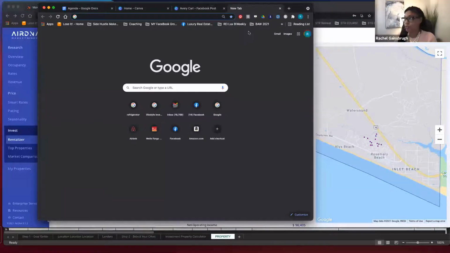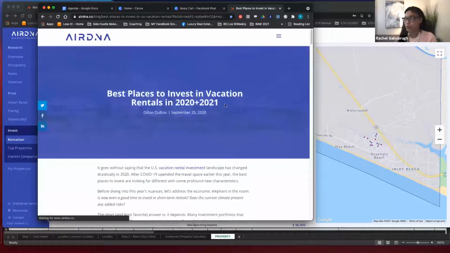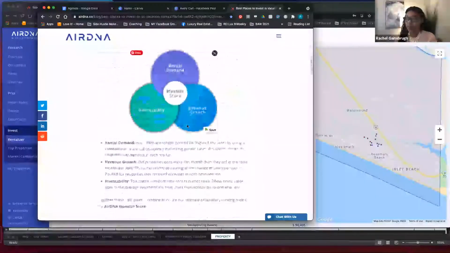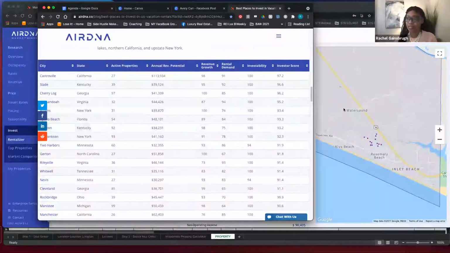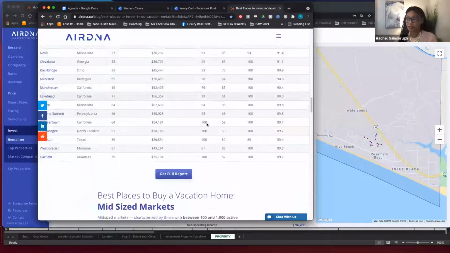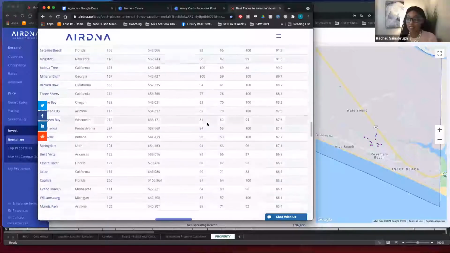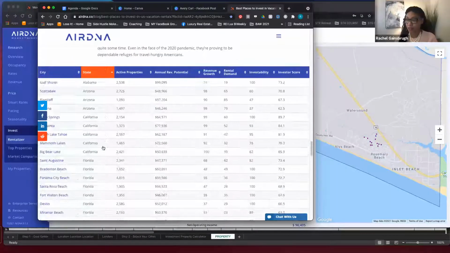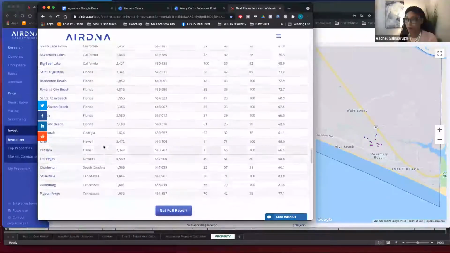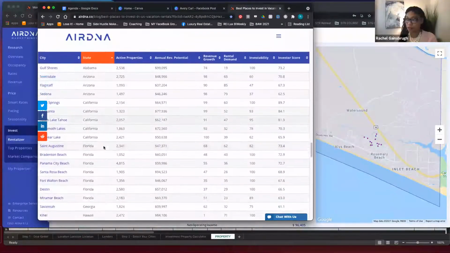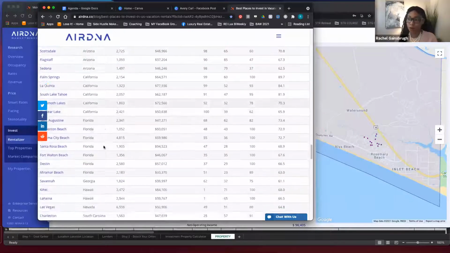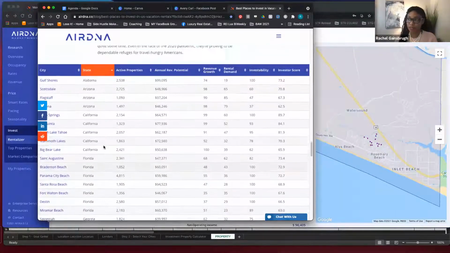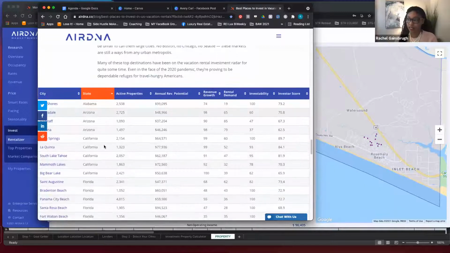And just as a reminder, I am using the Best Places to Invest document that I shared with you guys a while ago. I just go through this thing and I invest based on what the data says in here. And so the largest markets, we've covered probably about a third of this large market area.